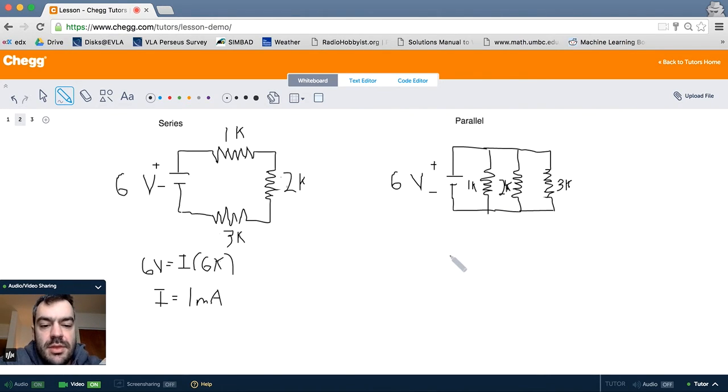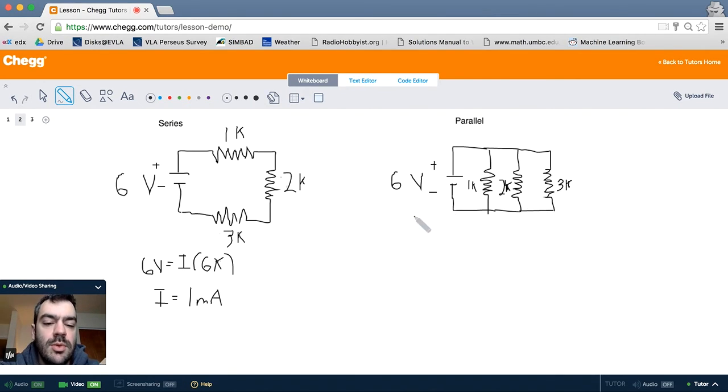The defining feature of a series circuit, as we said, is that through all the components, the current is the same. Now, what's the defining feature of a parallel circuit? For a parallel circuit, the voltages across all components in parallel should be the same. Why is that the case?